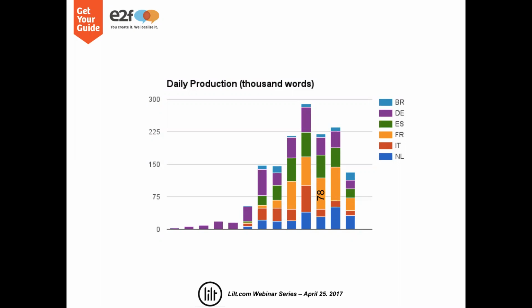And then you can see that there were a lot of words produced every day, up to 78,000, for example, a day for French, which is a lot. You can also see that Italian went up and down because, since it was new, I think it took a little bit of time and then back up.